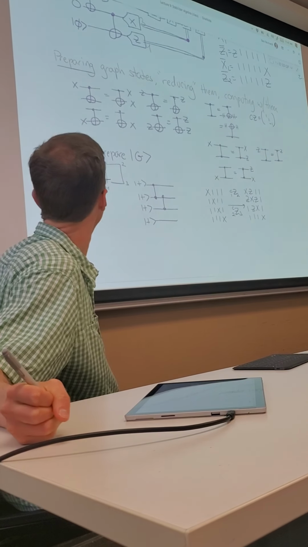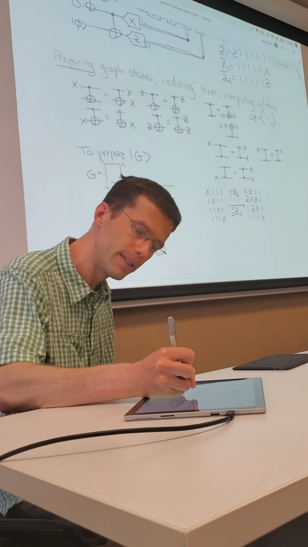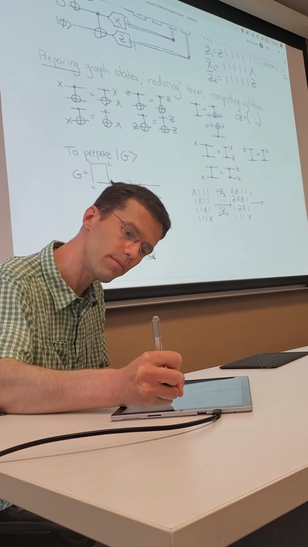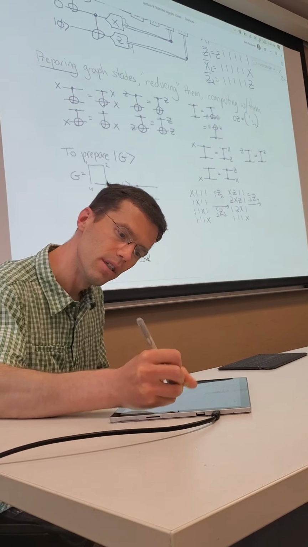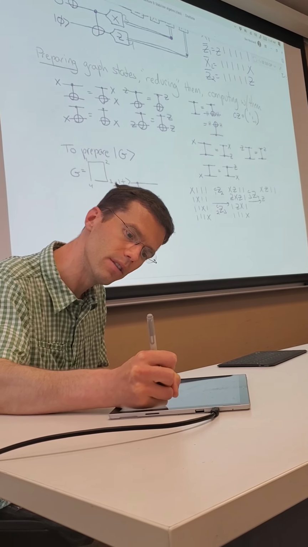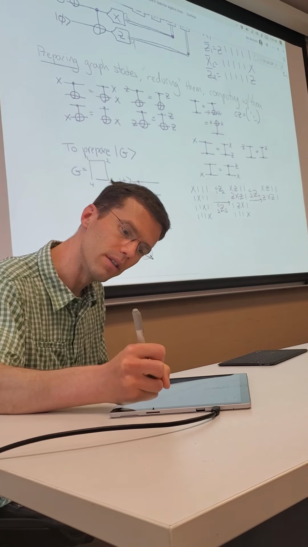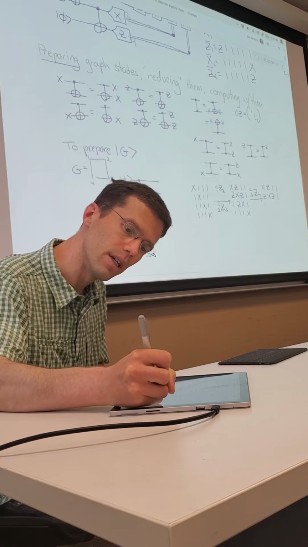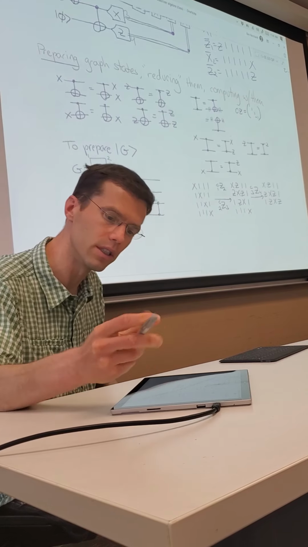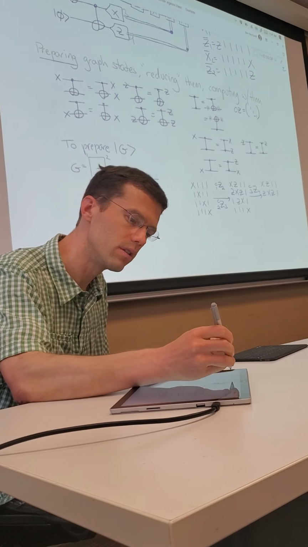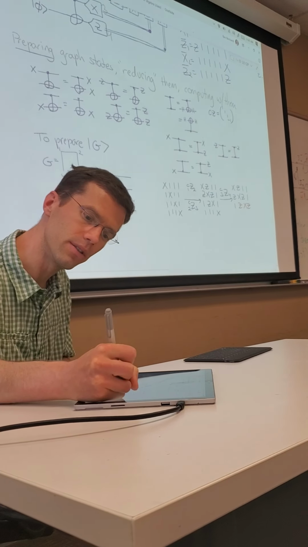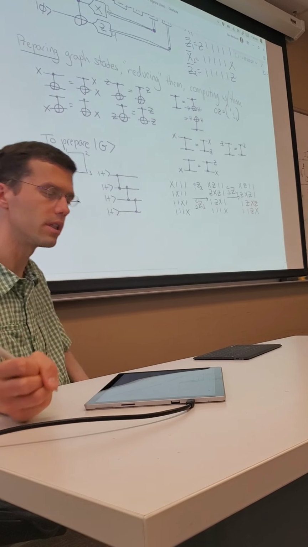Okay, so now let's do 3 to 4. First stabilizer is unchanged. Second stabilizer is unchanged, it commutes. These ones are changed. So IZX is going to be copied forward, that's changed. And this one here is copied backward, like that.